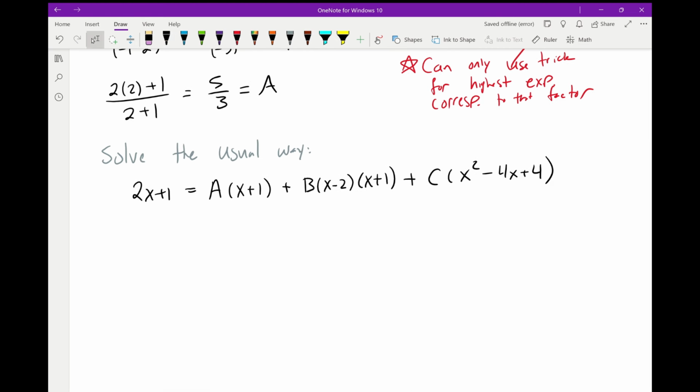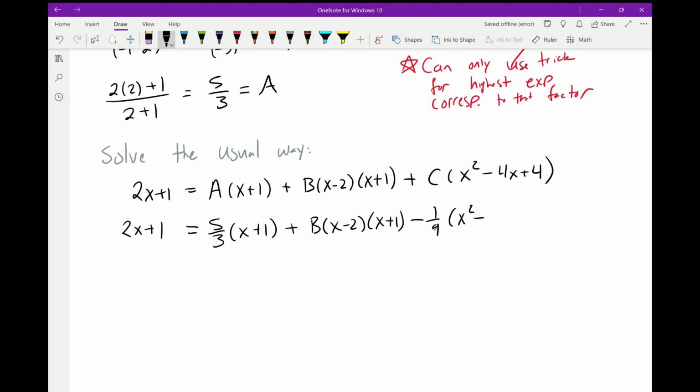And the beauty of this is that we already know what A and C are, so we can go ahead and replace them with what they are. So 2x plus 1 is going to equal 5/3 times x plus 1. We don't know what B is, so we'll leave that alone. And we know that C is minus 1/9. And then we'll go ahead and just mindlessly distribute things. Go on algebra autopilot, if you will.